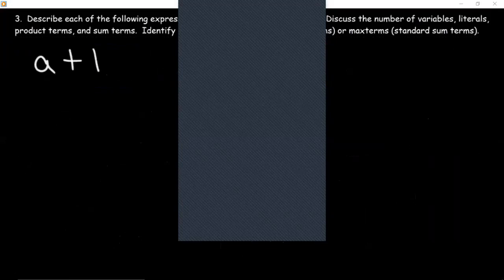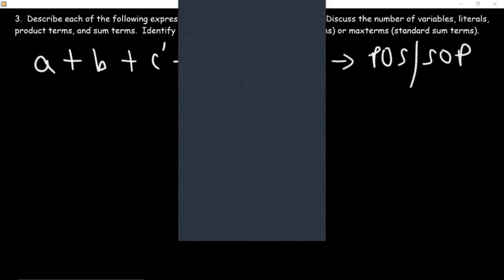Consider the expression A + B + C' + D + E'. So can we describe this as an SOP or POS expression? Like the other example, you could represent it as both POS and SOP.